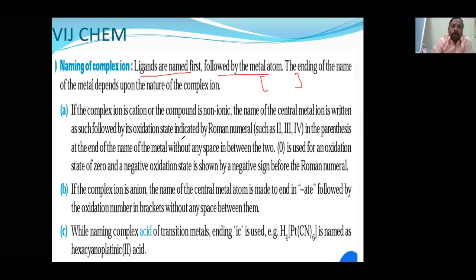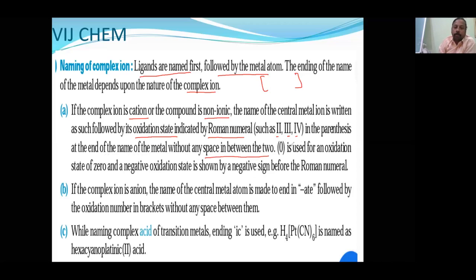Now, the ending of the name of the metal depends upon the nature of the complex ion. If the complex ion is a cation or non-ionic, then the name of the central metal atom is written followed by its oxidation state expressed in Roman numerals in parentheses, without any space between the two.